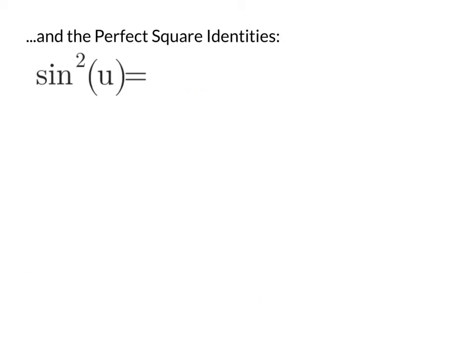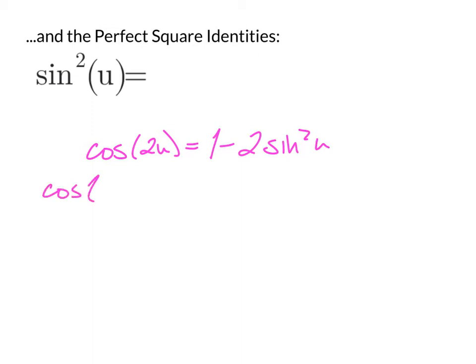We can now use those double angle identities for cosine to help us with perfect square identities. For instance, we know that the cosine of 2u, we just showed it to be 1 minus 2 sine squared. So one thing we can do is to add that 2 sine squared over to the left side.